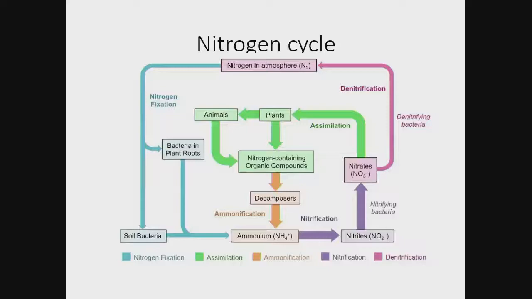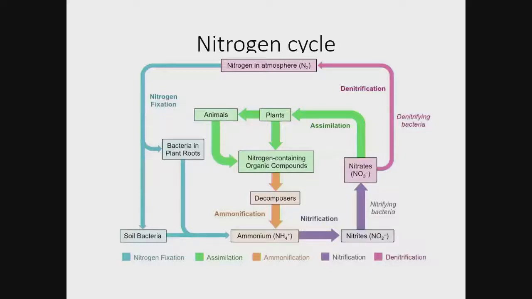The process where ammonia changes into nitrates is called nitrification. Now you have nitrates, and nitrates stay in the soil. This conversion is done by bacteria in the soil called nitrifying bacteria.